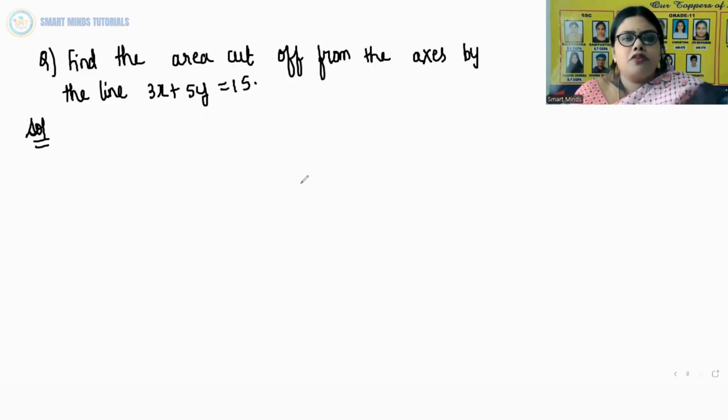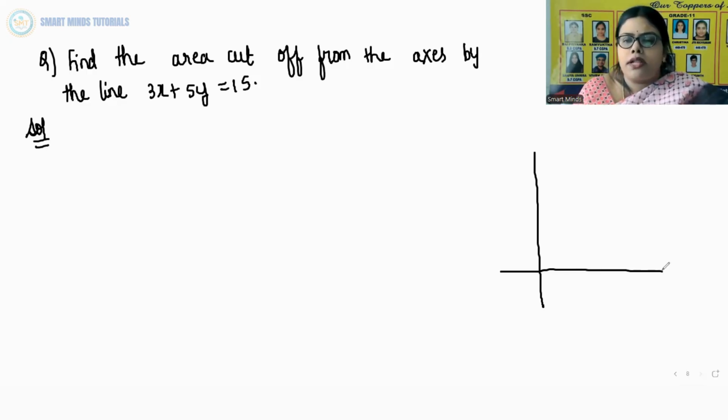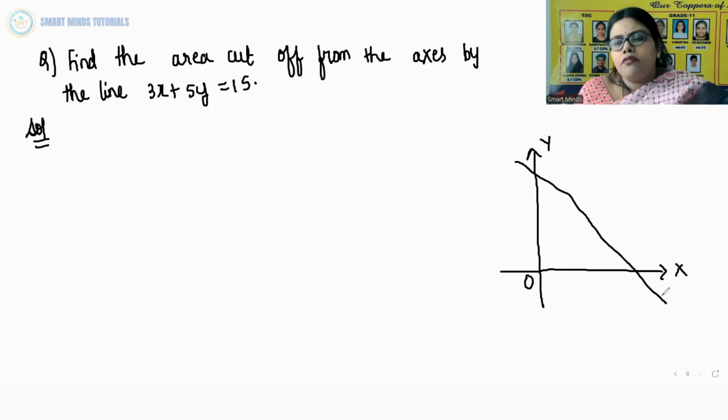Take another question. Find the area cut off from the axes by the line 3x plus 5y is equal to 15. So first try to understand the question. This is the coordinate axes. This is the x-axis, this is the y-axis, and this is the origin. There is a line which is cutting both the axes. We need to find out this area.